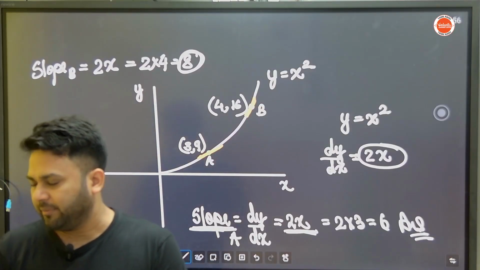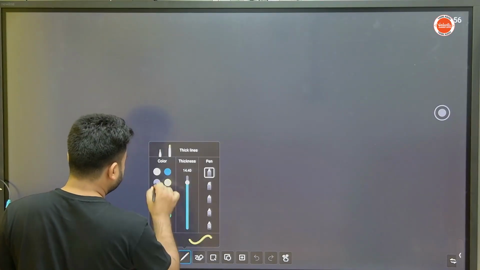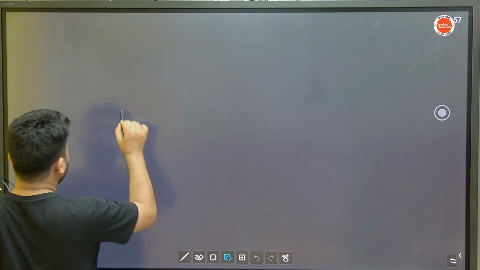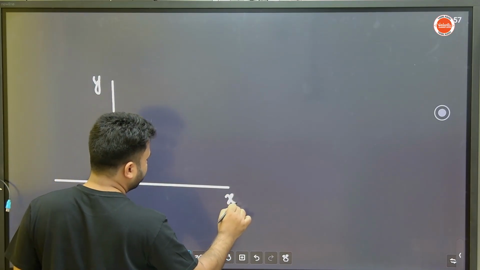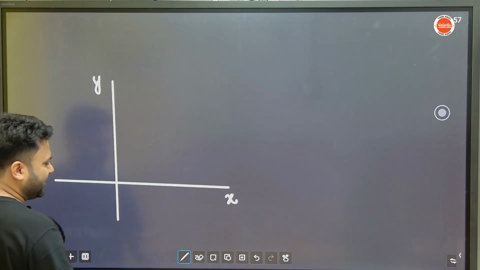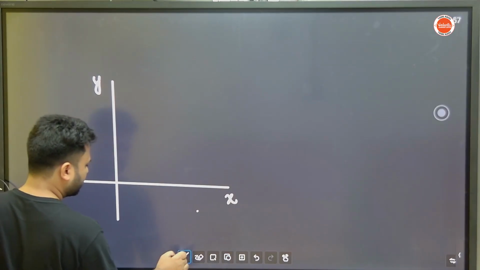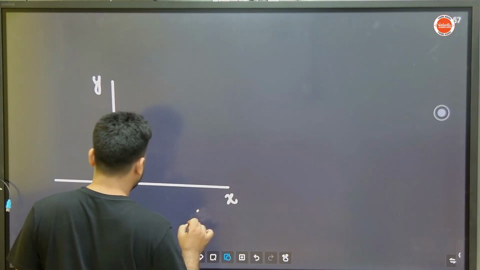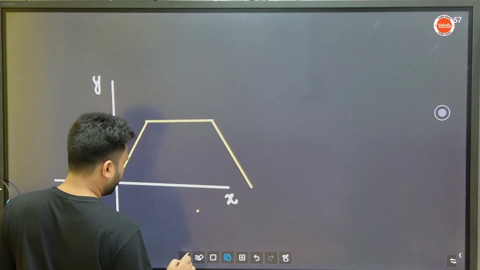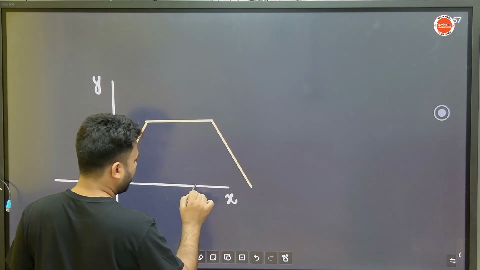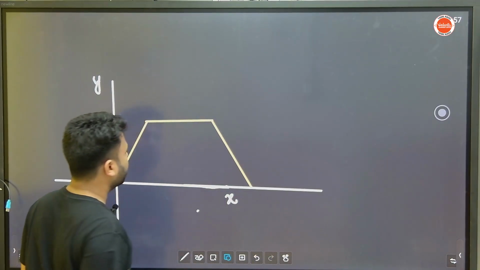Okay. Now let's move to a little bit of integration concepts. See, if this is the y-axis, this is the x-axis, and if our graph is like this, suppose this is our graph.